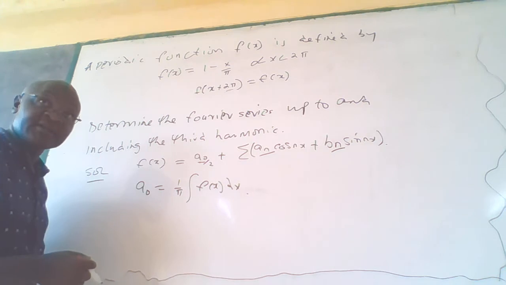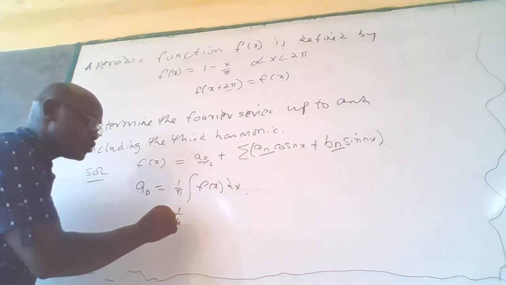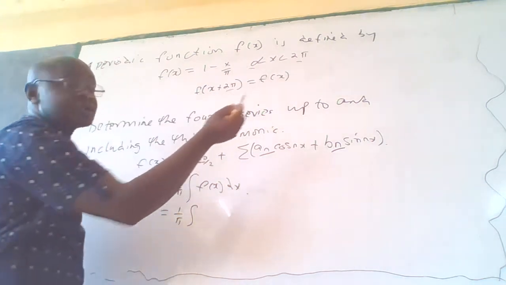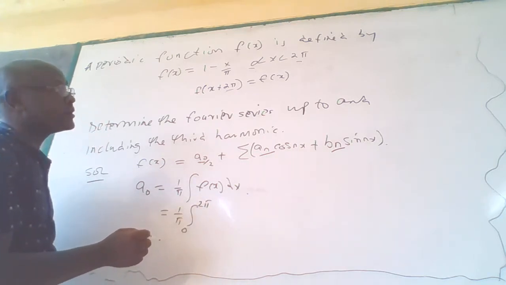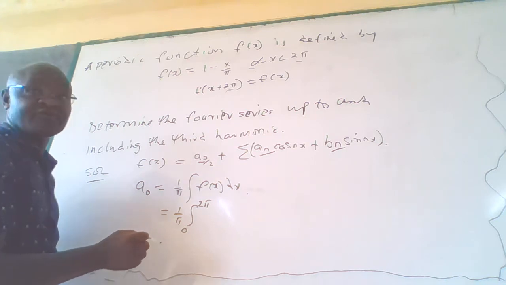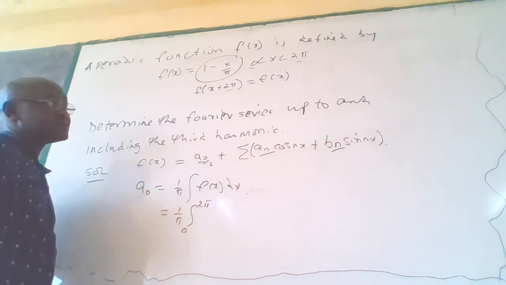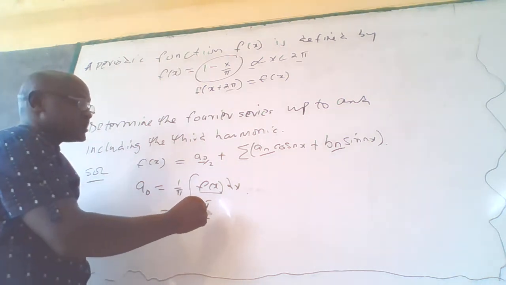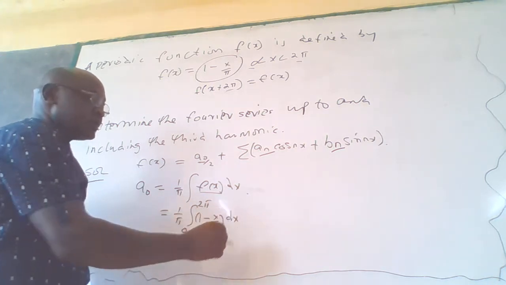Now, from the given instruction, our a0 will be equal to 1 over pi. We are integrating from 0 to 2 pi. Our f of x is 1 minus x over pi, then dx.